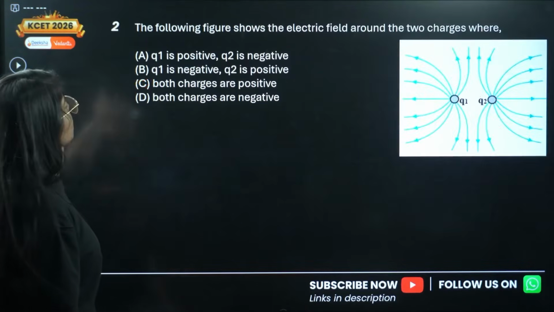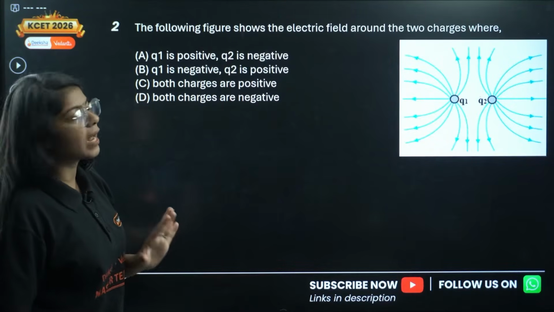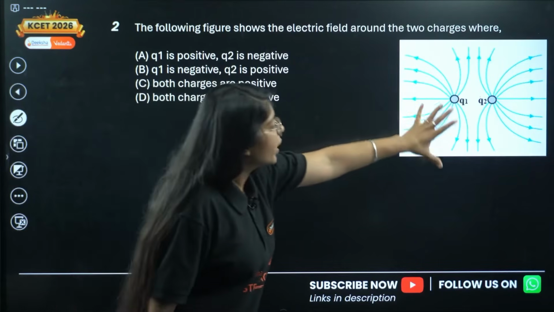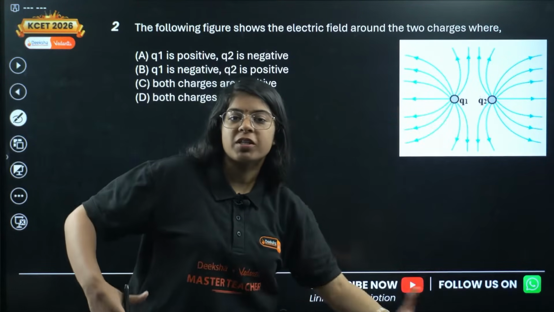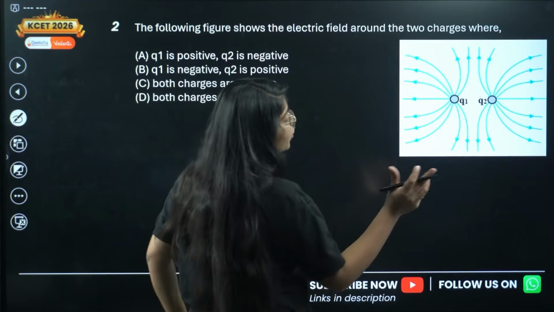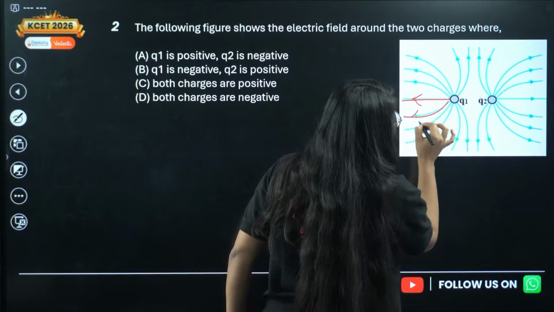Next MCQ, it says, the following figure shows the electric field around two charges, where now we have to tell if Q1 or Q2 is positive or negative, looking at the electric field. Now first thing you should notice are the arrows. In all the cases, the arrows are pointing outwards.